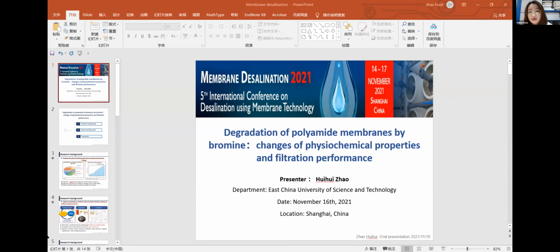But as we referred to in my report, bromine reagents have higher reactivity than chlorine. Then when we use bromine as the disinfection reagent, we can consider using a little in quantity.